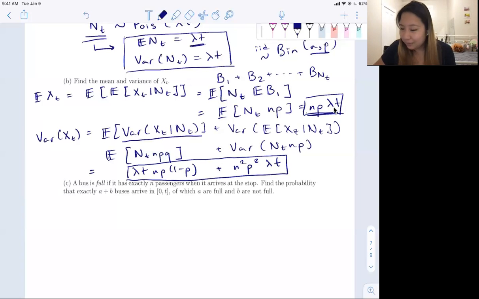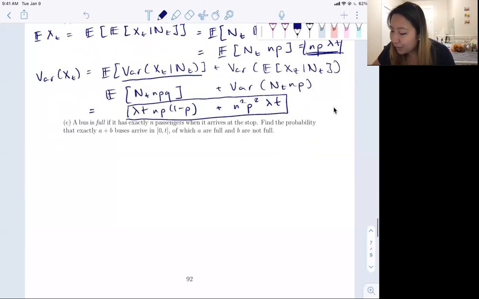Finally, for part C, a bus is full if it has exactly n passengers when it arrives at the stop. Find the probability that exactly A plus B buses arrive in the interval 0 to t, where A are full and B are not full.